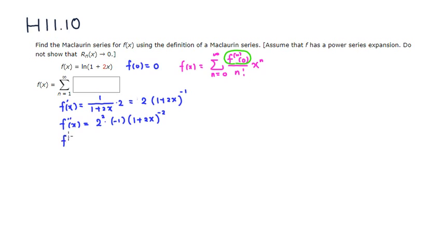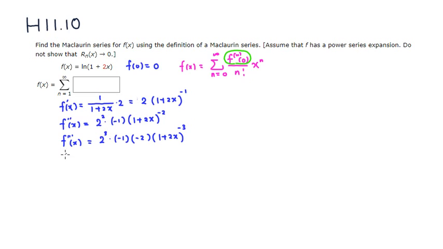Then the third derivative. 2 squared is already there, and you have a negative 1 already there. Power rule, put the power in front, keep the same quantity inside, subtract 1 from the power, then multiply by the derivative inside by chain rule. So you have another 2, that's going to be 2 cubed.